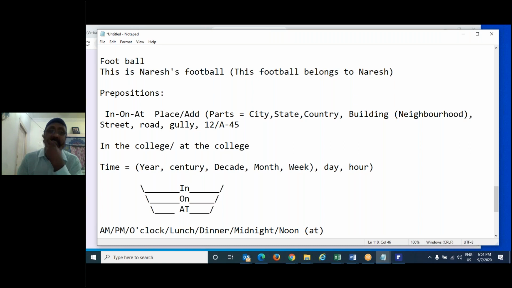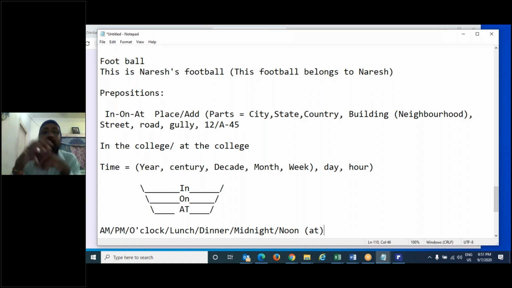At 7 p.m., at 4 p.m. Our session will end at 7 p.m. The Prime Minister is going to meet the US President at 10 o'clock today. The Prime Minister is going to meet the US President at dinner. So dinner is a specific time, so that's when we use at.